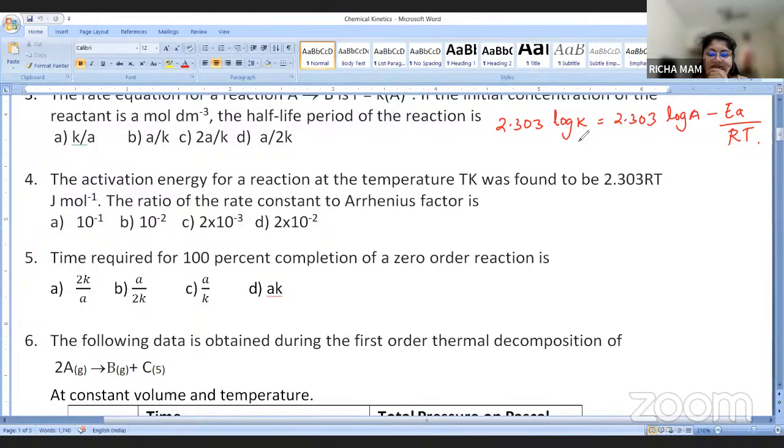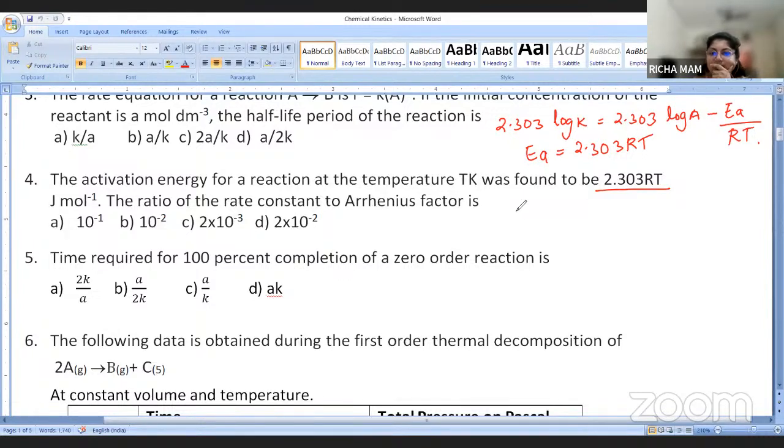What is the activation energy which is given here? 2.303 RT. Okay. So this is the activation energy which is given. Now, what will we do? We will put the value of EA, and we will divide 2.303 on both the sides.